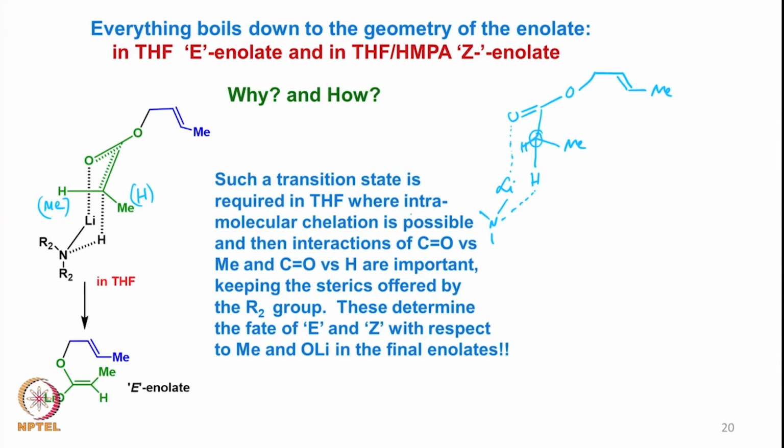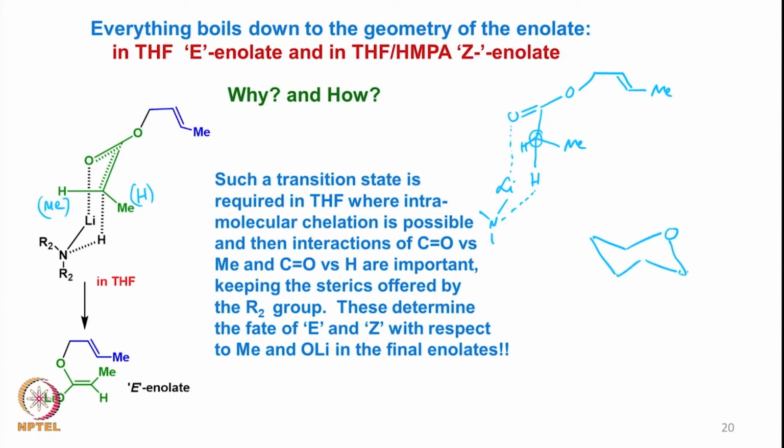So, in this particular case, such a transition state is required in THF, where intramolecular chelation is possible, and then the interactions of carbonyl versus methyl and carbonyl versus hydrogen are therefore important. Now, if we look at this transition state, we can put it in this fashion, and we can say that something like this is happening.